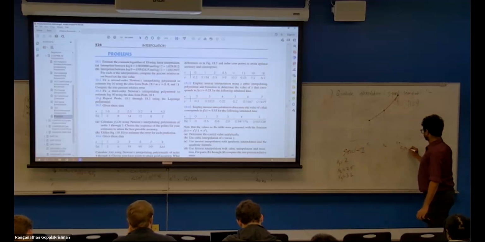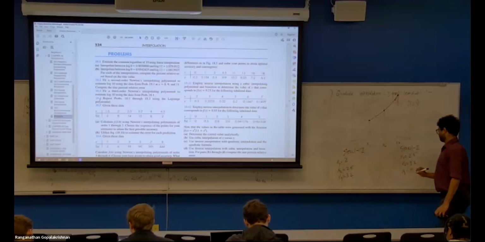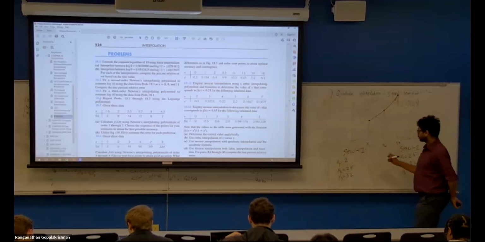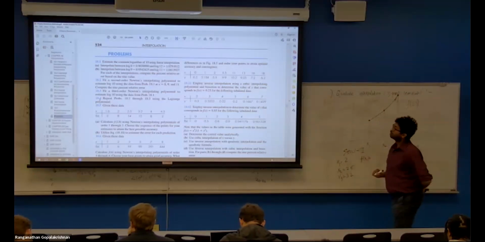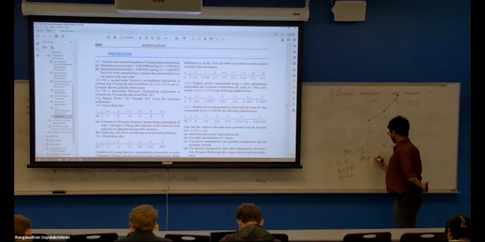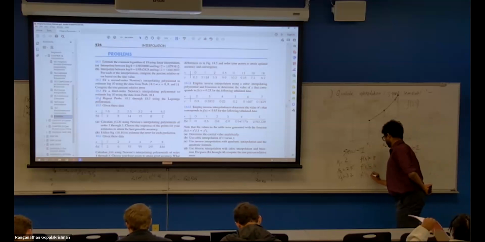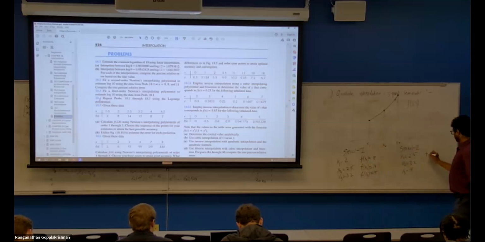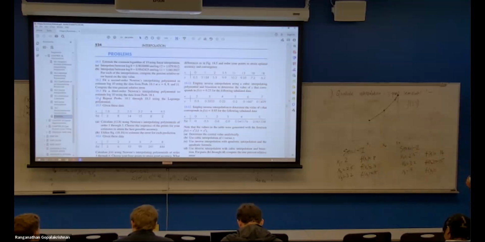And for stencil 2, x1 equal to 2.5, x2 equal to 3.2, x3 equal to 4. The corresponding f values: f of 2 is 8, f of 2.5 is 14, f of 3.2 is 15, and f of 4 is 8.